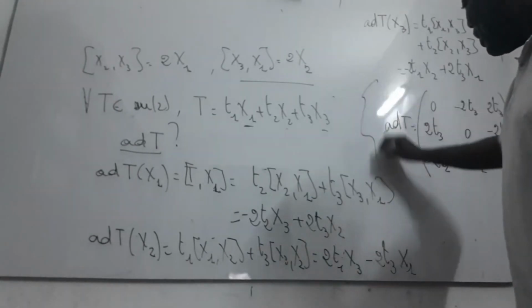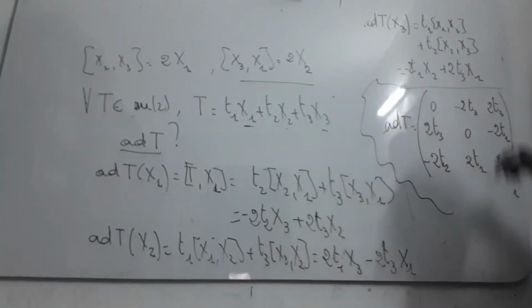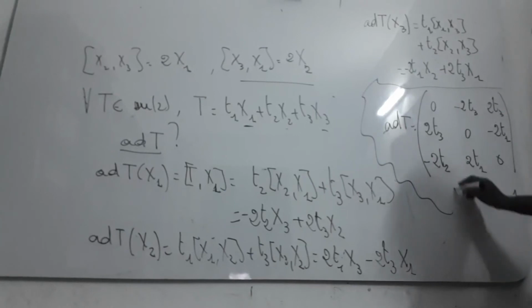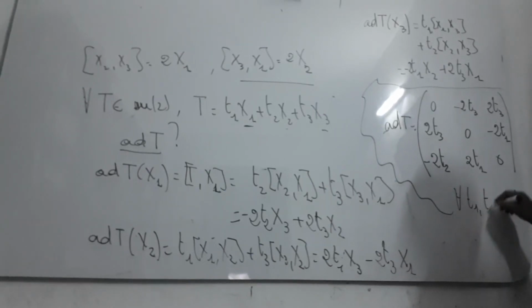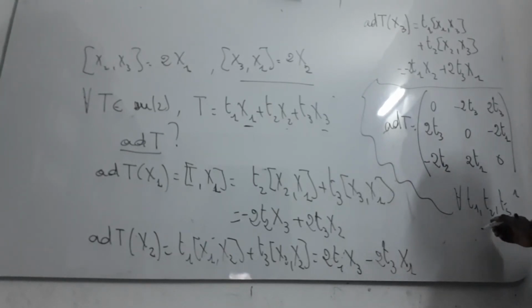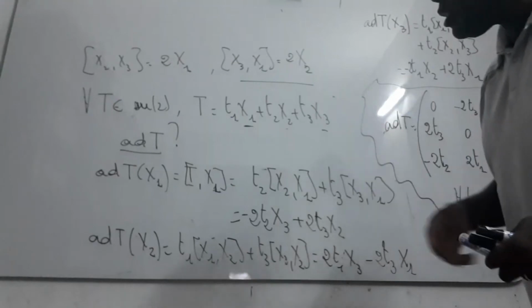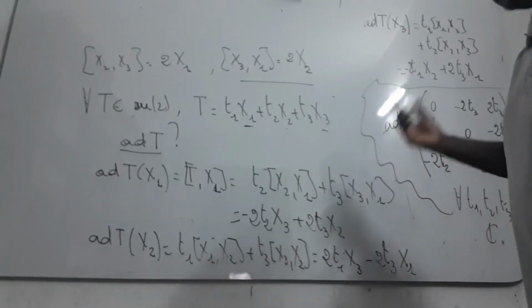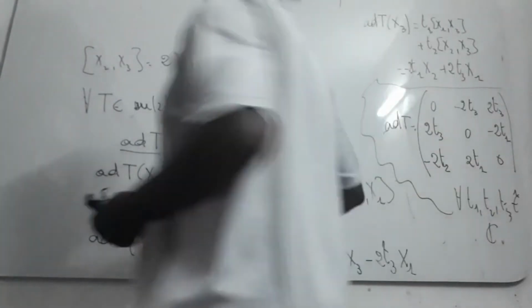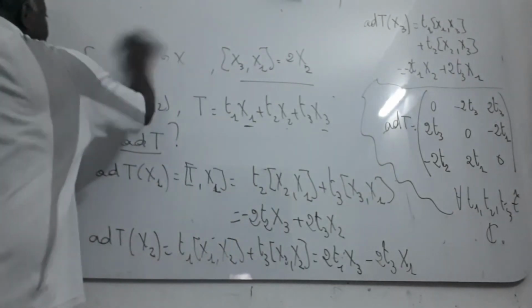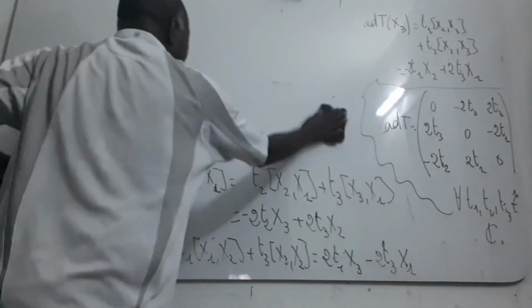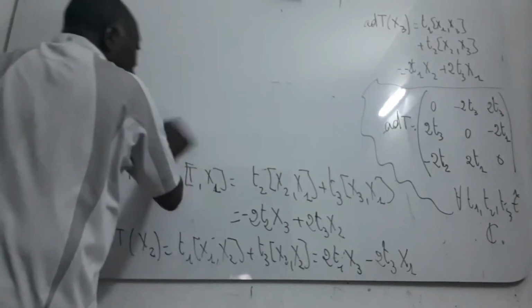If you have the adjoint representation of this kind, you get this matrix for all T1, T2, T3 in your field, which is the complex numbers, the base field of your Lie algebra, which should be an algebra over C. So you have this.